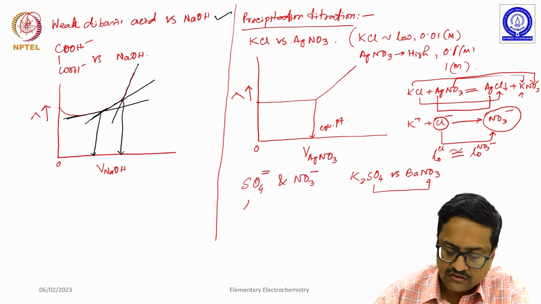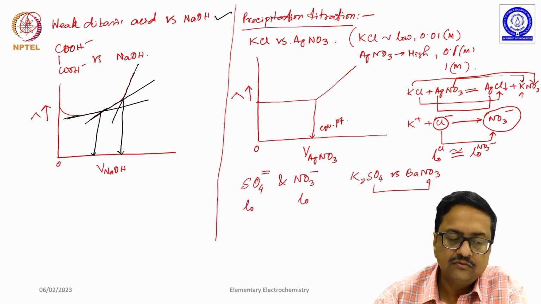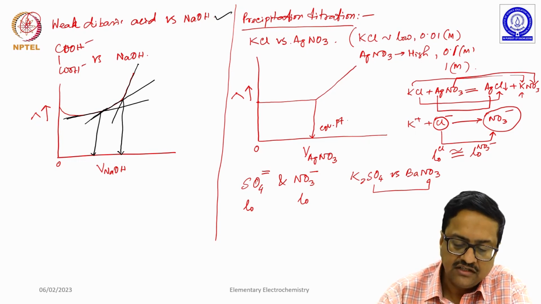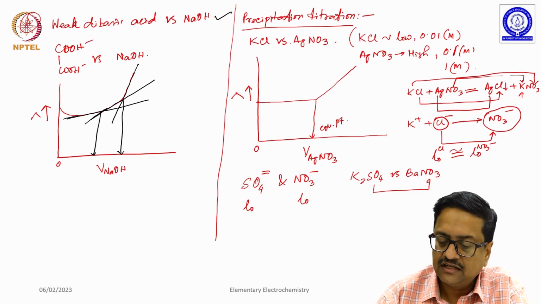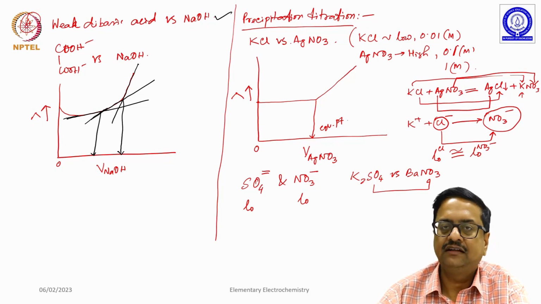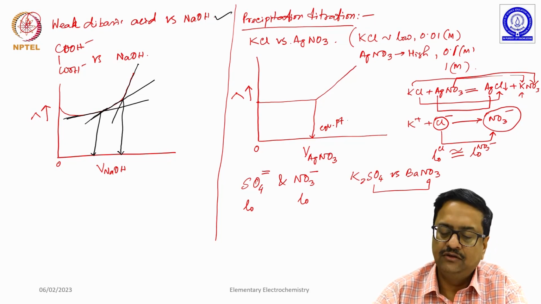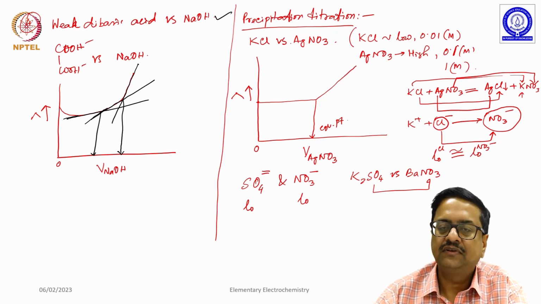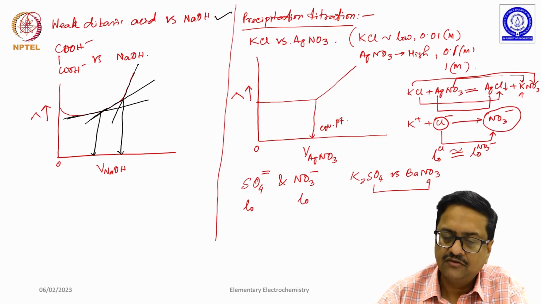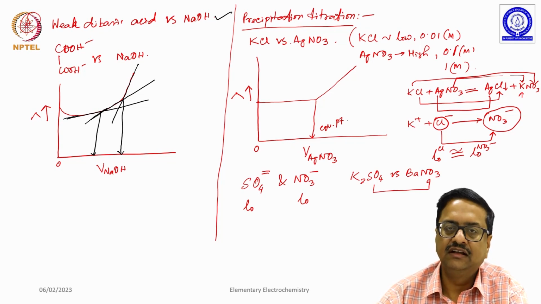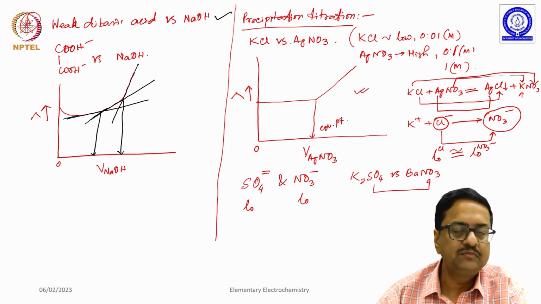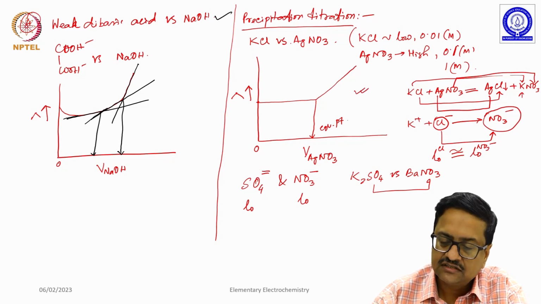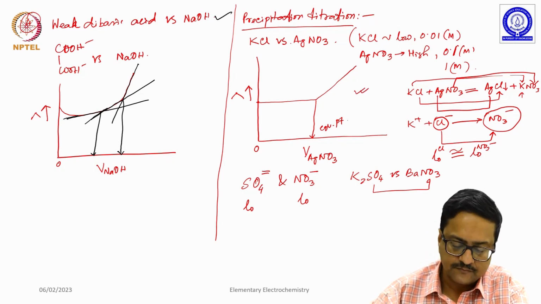So depending on the corresponding values of these two L0s, the nature of the graph will change. Here sulfate is getting replaced by nitrate. If nitrate has a larger L0 value, the conductance will continuously increase. If nitrate has a lower L0 value than sulfate, the conductance will decrease. So you will have to think and replot this graph for this kind of precipitation titration.